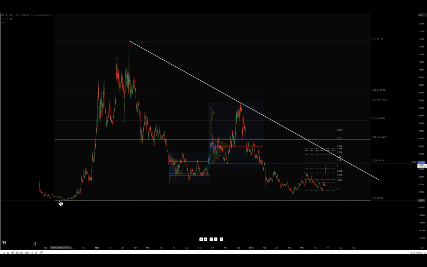Now, if you look from the early days, right from the bottom over here to the top, that is the all-time high. And second time round, it hit the golden ratio, 618, perfect. So we use the reference from the bottom to the top, and 618 is perfect resistance. Because of that, I will start to put this trend line in.